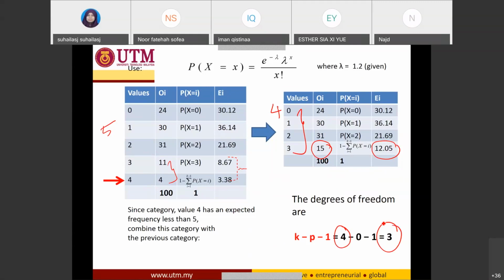Your degree of freedom now is 3, not 4 anymore, because we already combined the categories when your expected frequency is less than 5. We combine to the nearest cell or nearest category. So instead of 5, now you get 4. The rest we proceed the same way. You find your chi-square, and once you find your chi-square, check whether to reject or fail to reject.